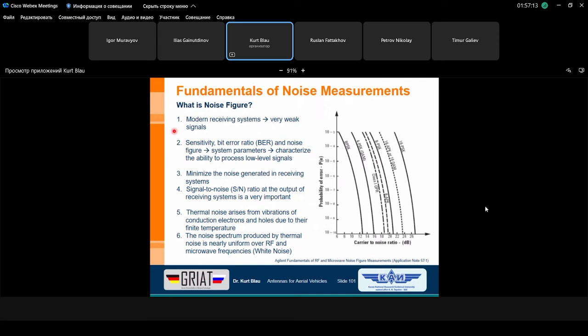Our receiver also gives out a signal or a voltage, because the receiver chain has to realize a certain gain. Let's say 1,000 times, or 30 dB, or 40 dB means 10,000. It has to, for instance, gain an incoming signal 10,000 times.